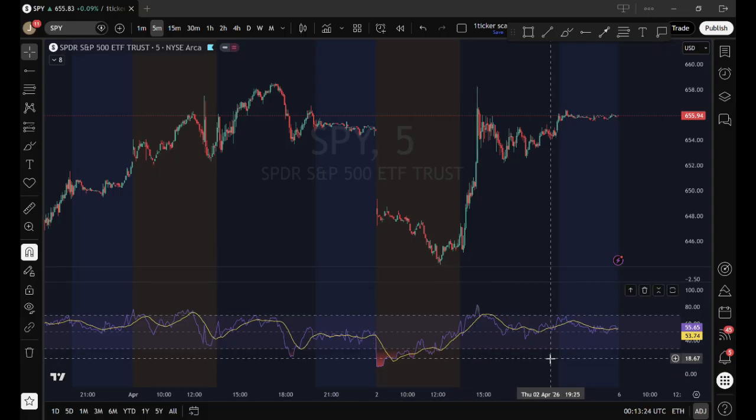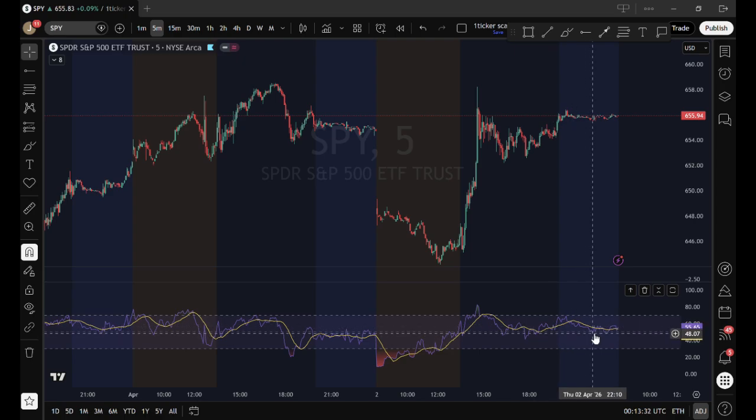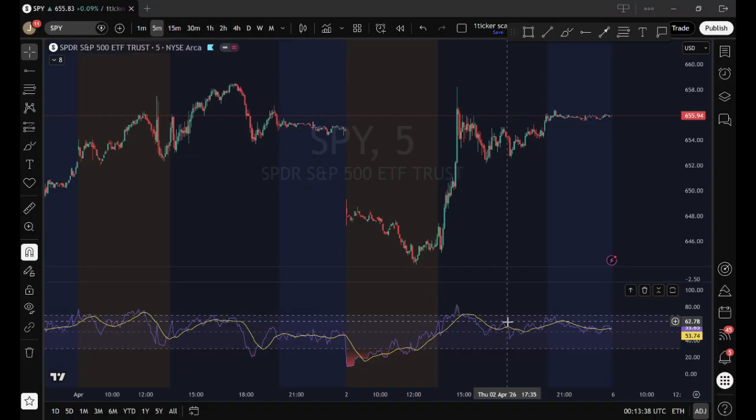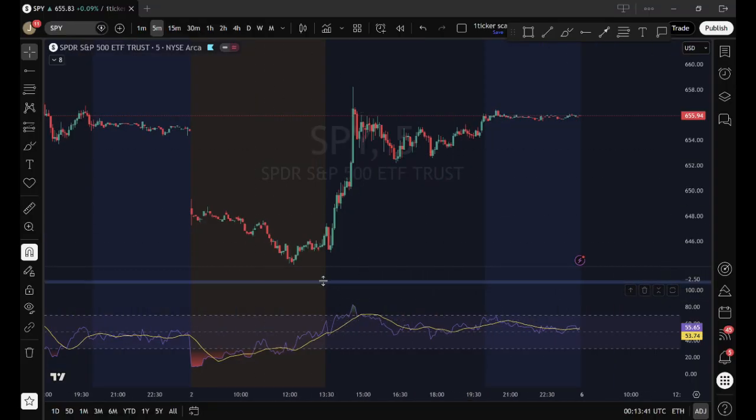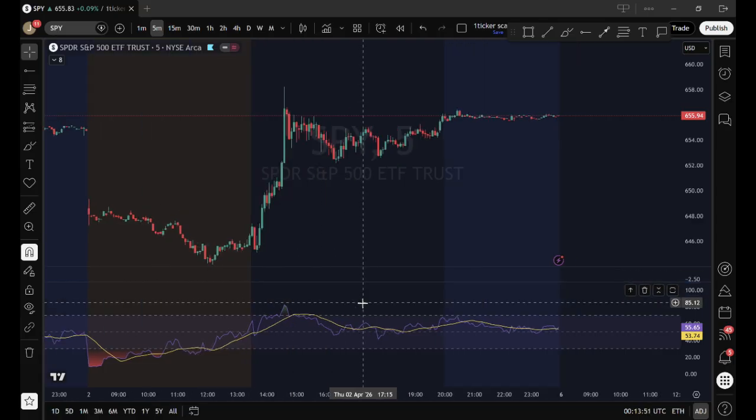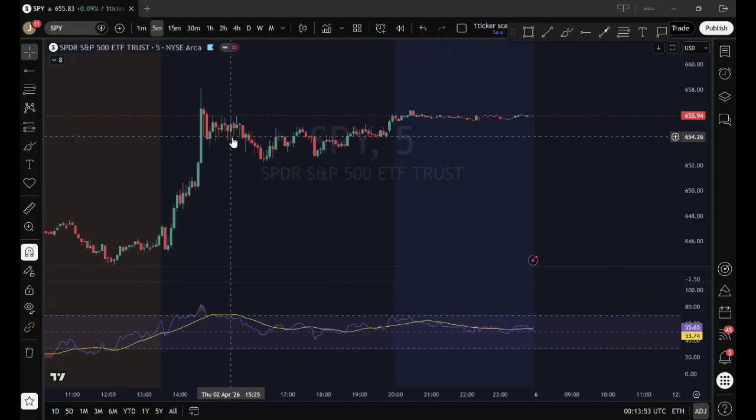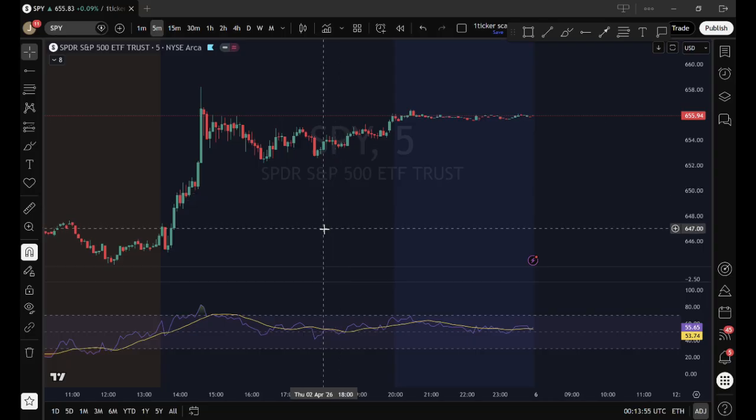The RSI is the same as well. A high, a higher high, and then a low and a lower low. And when you have, I'm trying to find a good example here, but when the RSI is up but the price is down, that's a divergence.